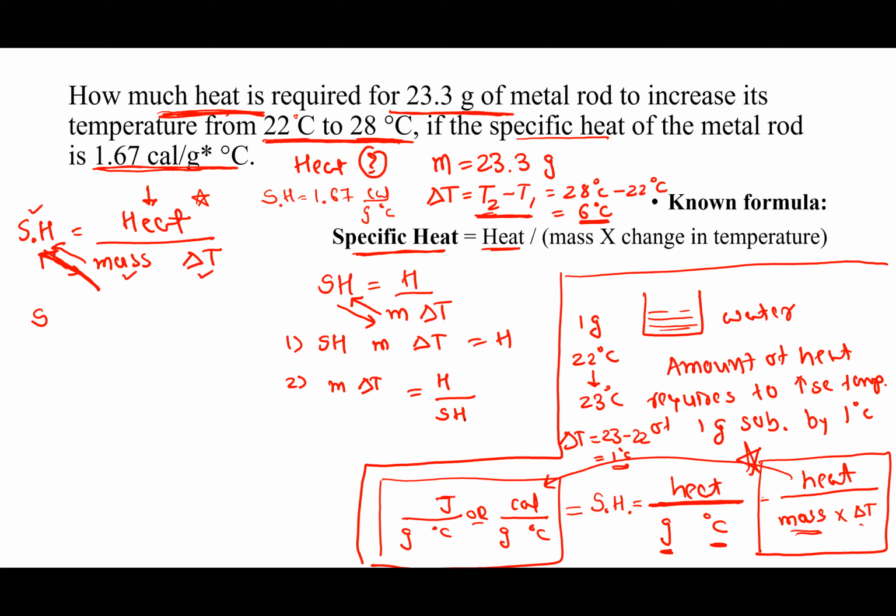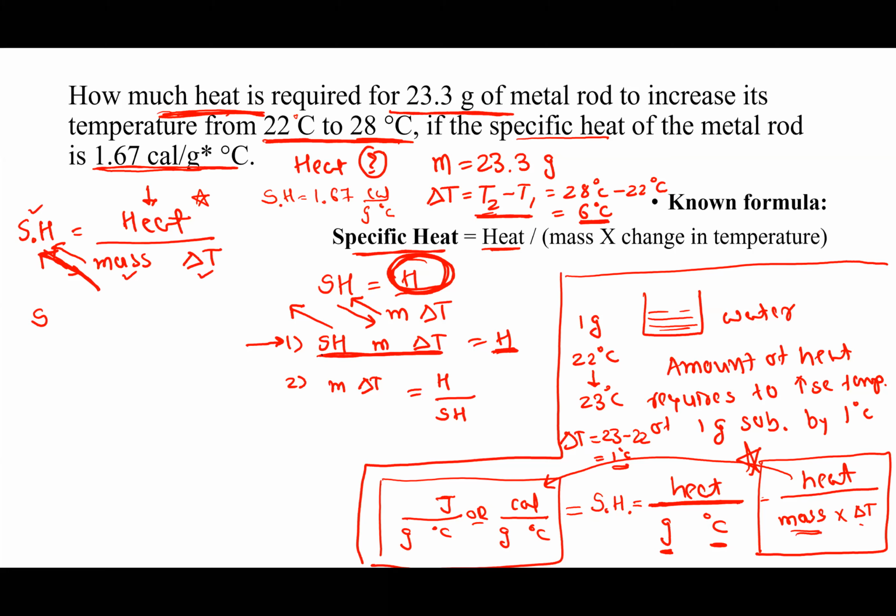Let me tell you this. If you have to find something which is in a numerator, you do the first one. Why? Because by moving your denominator to the numerator on the opposite side, you can isolate your h and find what you need, with everything else on the opposite side of the equation.